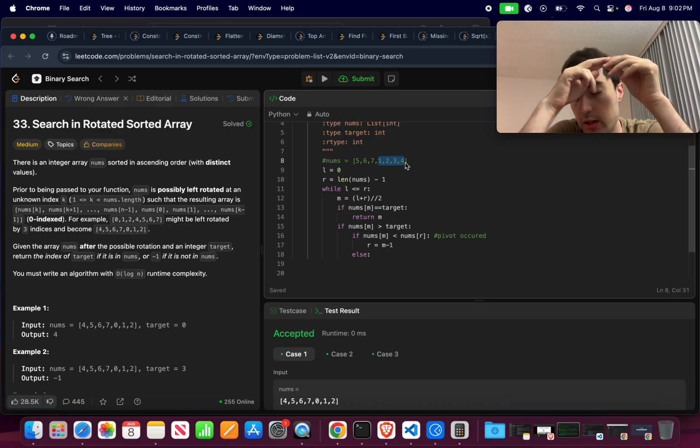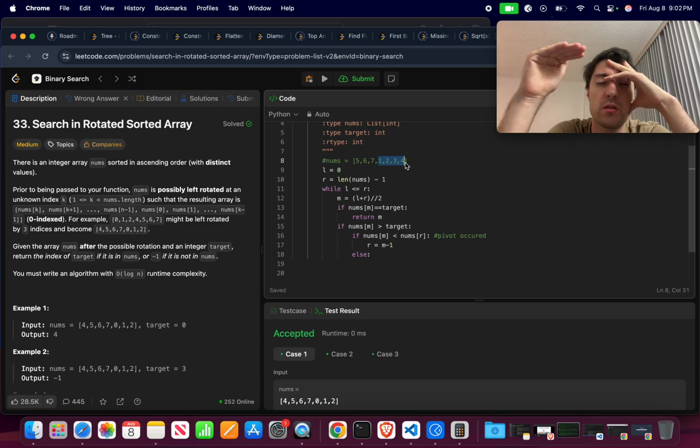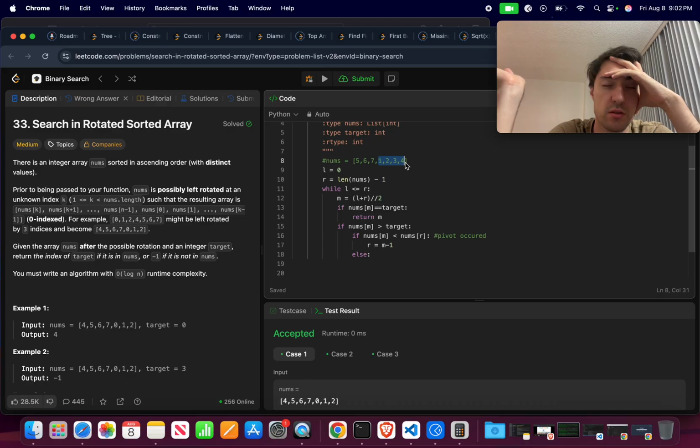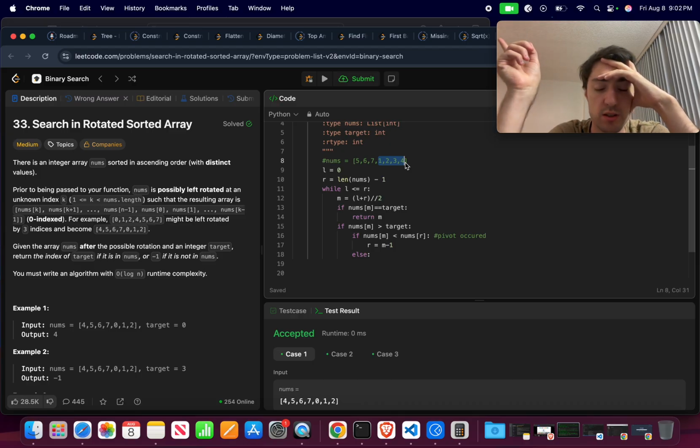I know the midpoint is too big, so I can find some smaller values somewhere in my right hand side because there's a pivot, and I can also find some lower numbers in my left hand side, but my left hand side is continually increasing, so I want to look at that.